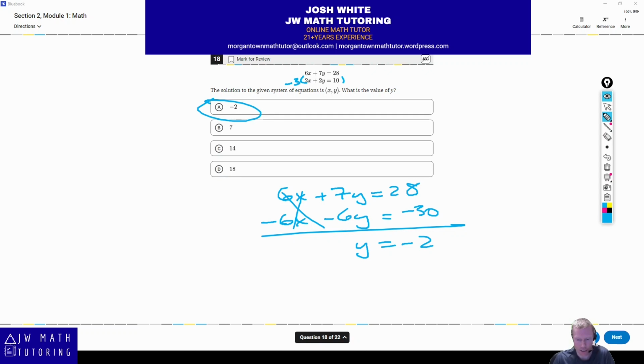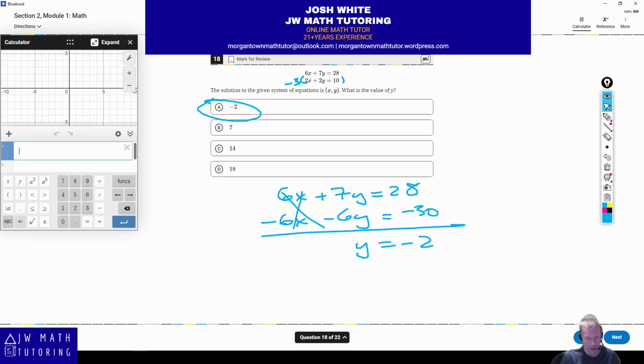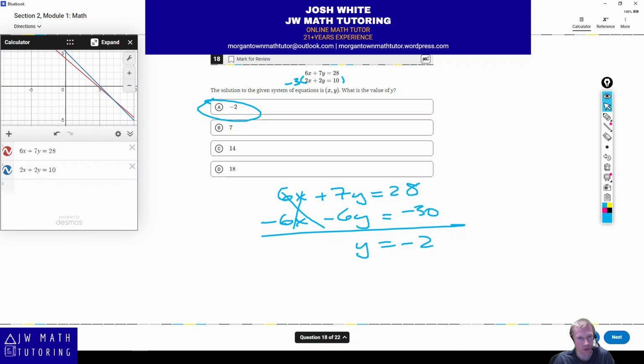The correct answer for this one is going to be A, -2. Now, to show you, if we go to the calculator here, now we could just type in both equations. The problem is, actually no, there won't be a problem. We can see on this calculator, we can actually enter them in standard form like they're given, unlike say your typical graphing calculator where you would most likely have to enter them in slope-intercept form.